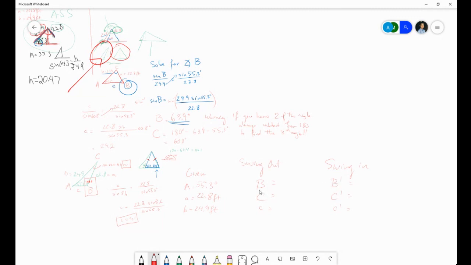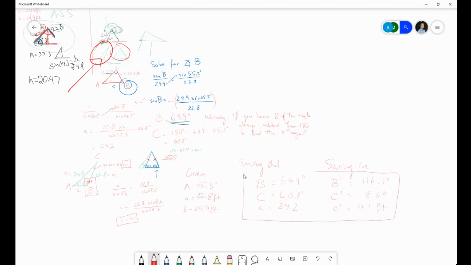So B was 63.9, C was 60.8, and c was 24.2. And then the other one, the angle B prime was 116.1 degrees, C prime is 8.6 degrees, and the last one, c prime, was 4.1 feet.